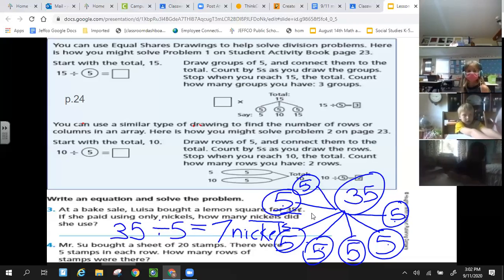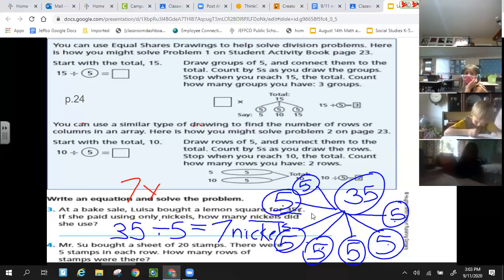Now let's reflect and make sure it makes sense. At a bake sale, Louisa bought a lemon square for 35 cents. She paid using only nickels. How many nickels did she use? She used 7 nickels. That makes sense because 7 times 5 is what? 7 groups of 5.